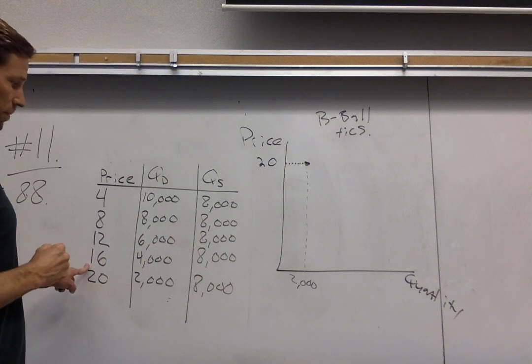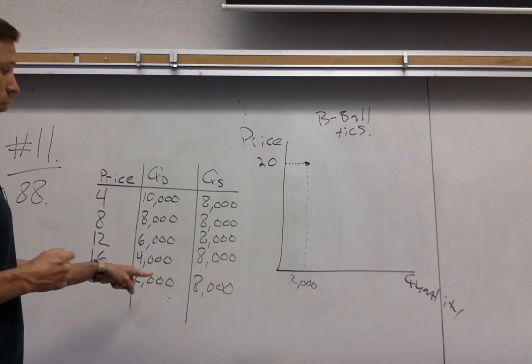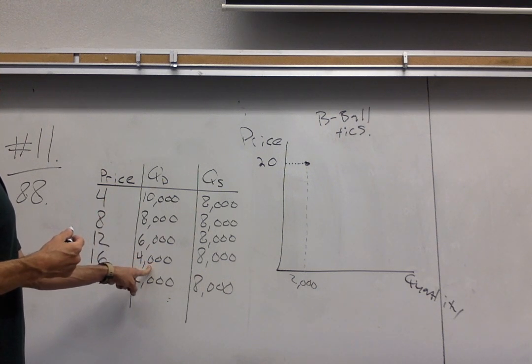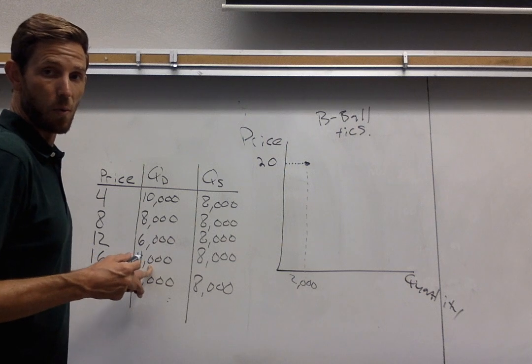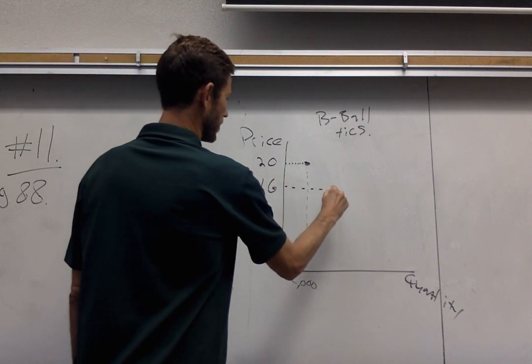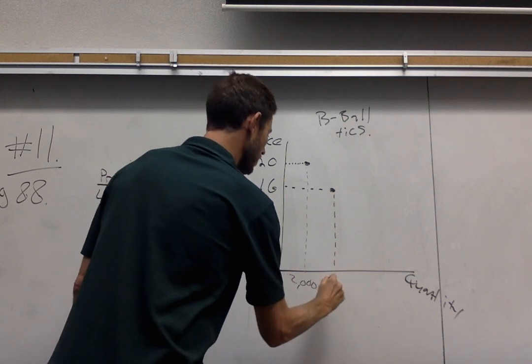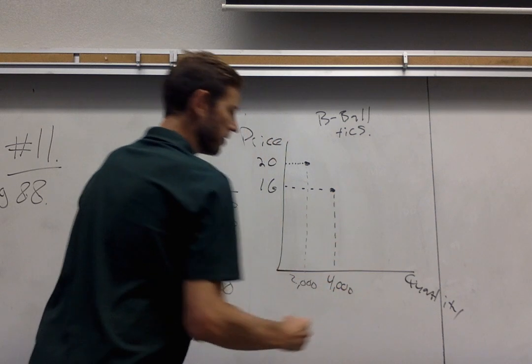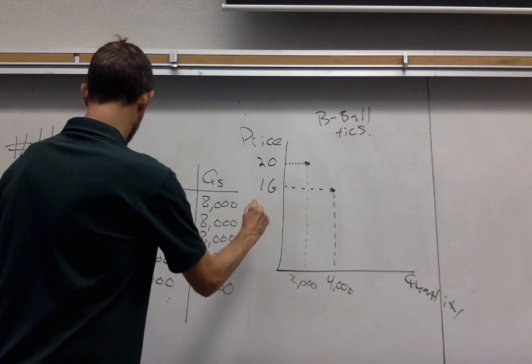All right, next up, if the price is 16, what do you know? We see that the law of demand holds. People now are interested in buying more basketball tickets. So that price of 16 should correspond with a quantity of 4,000, and so on. We'll go a little more quickly for the others.